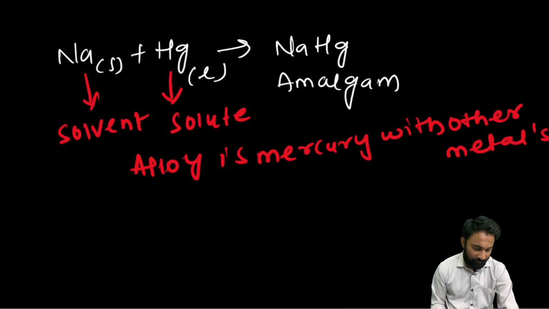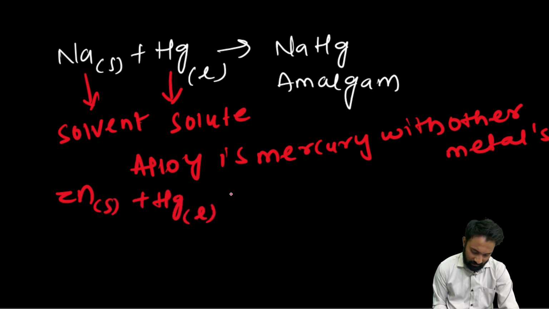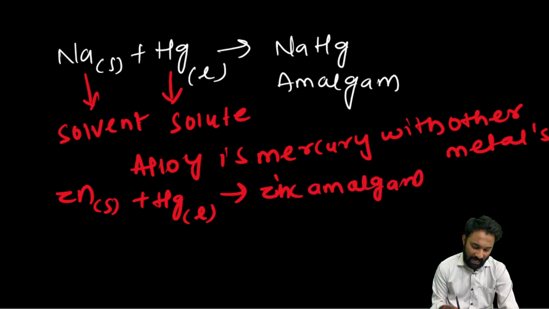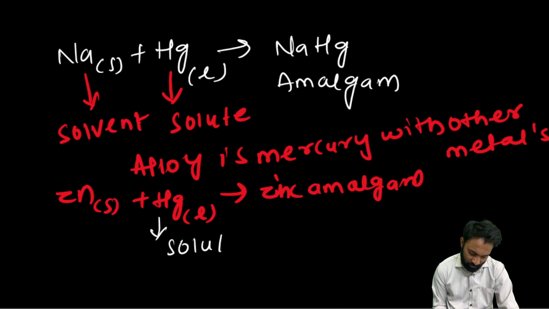Clear? Now if I ask zinc solid plus Hg liquid, it will give you zinc amalgam. For this zinc amalgam, which is the solvent and which is the solute? Clear? This Hg is the solute and Zn is the solvent.